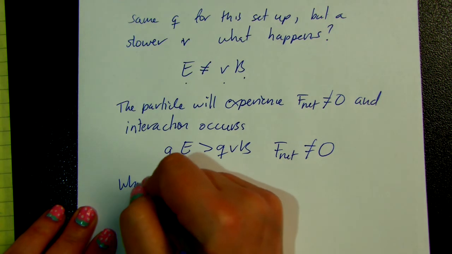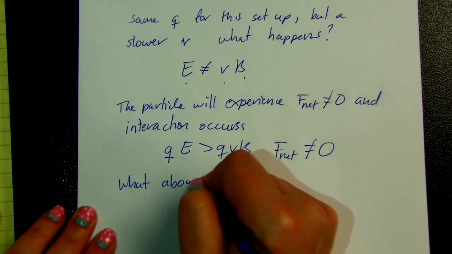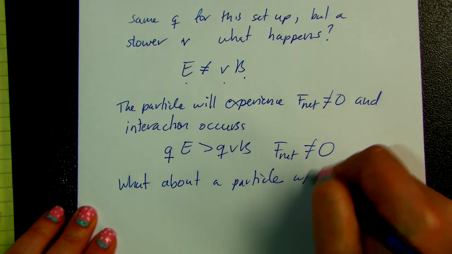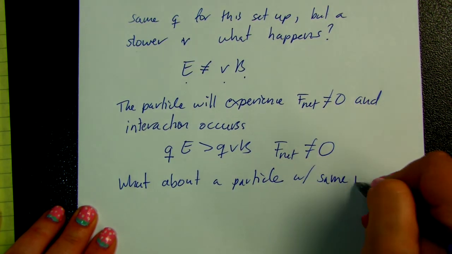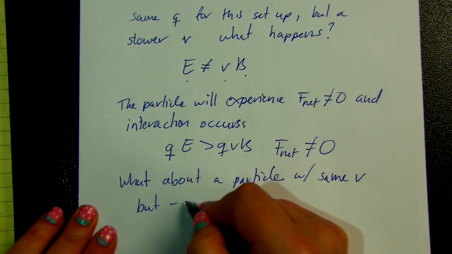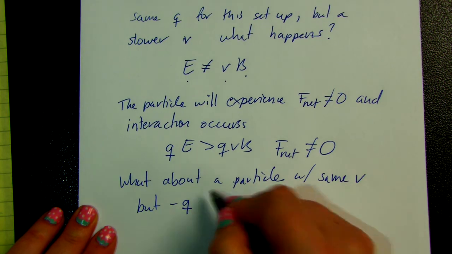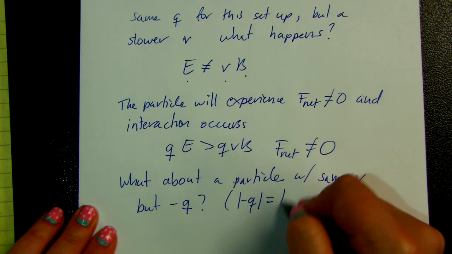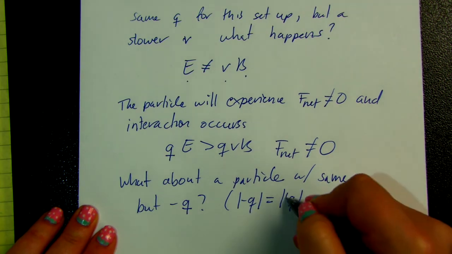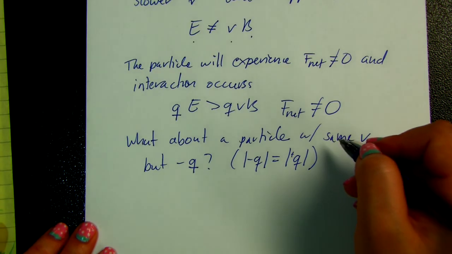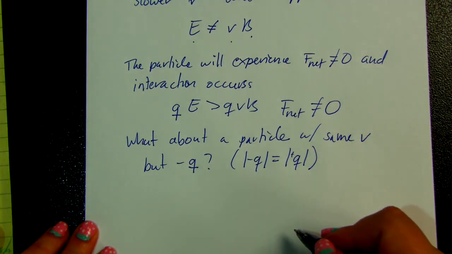So what about a particle with the same V as our original setup, but a minus Q. And this would be the magnitude of minus Q is equal to the magnitude of our positive Q. So this still, we've got a situation where we're going to get a straight line path.